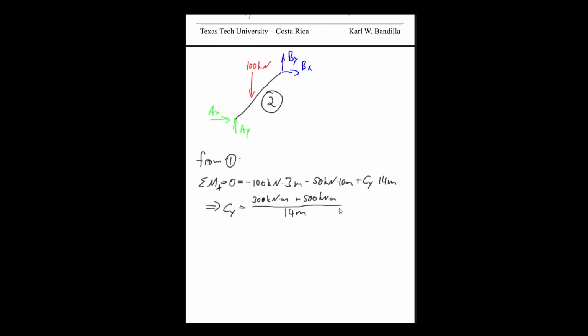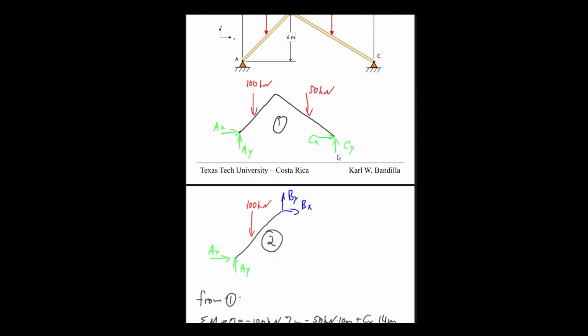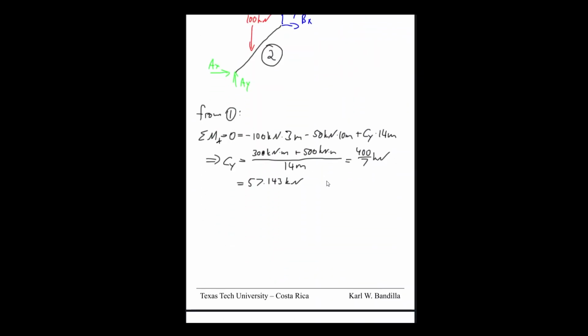That'd be 800 kilonewton meters. 800 divided by 14, that's probably not going to work, but we can at least divide by 2, so it'd be 400 divided by 7 kilonewton. And if I put 400 divided by 7, I get 57.143 kilonewton. CY positive, positive upwards, so acting upwards.